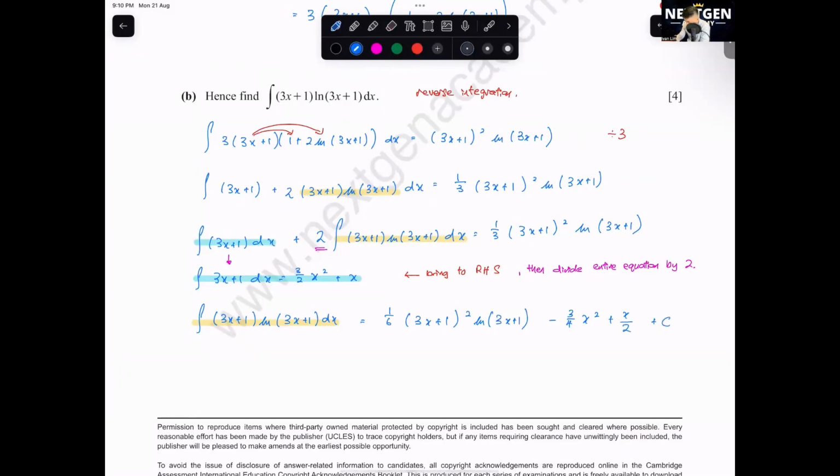Then finally you only write the plus c. You don't have to keep writing plus c in the middle, because we don't know what the c value is anyway. So you don't need to become plus c, then minus c and all.